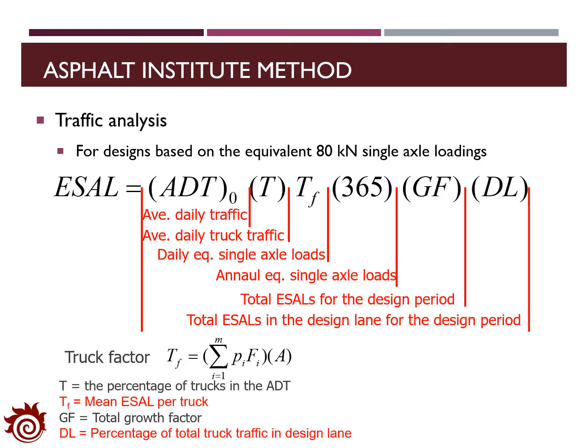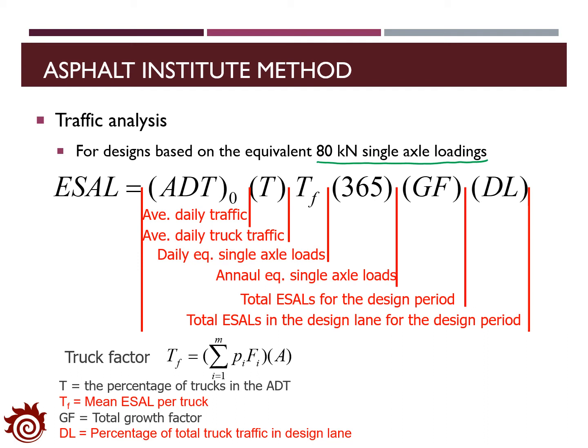Also, we know that the pavement design is actually applied for the truck traffic, so we have to estimate the ESAL based on the equivalent 80 kN single axle load in the design period. The equation here shows the estimation of the ESAL with respect to the truck traffic.